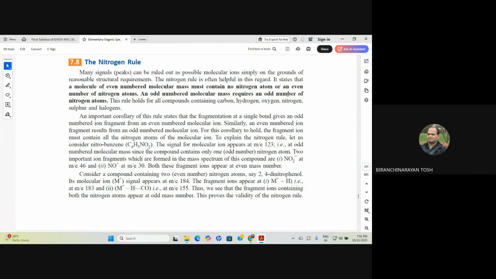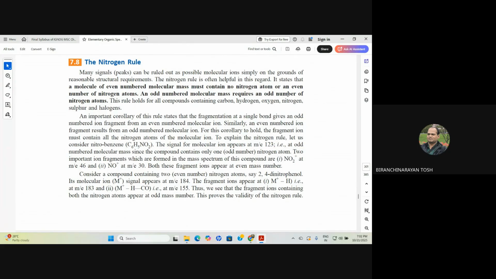So even number of hydrogen and carbon. Carbon atomic mass is 12, hydrogen atomic mass is 1, but there will always be an even number of hydrogen in an organic compound. So as a whole, molecular mass will be even.